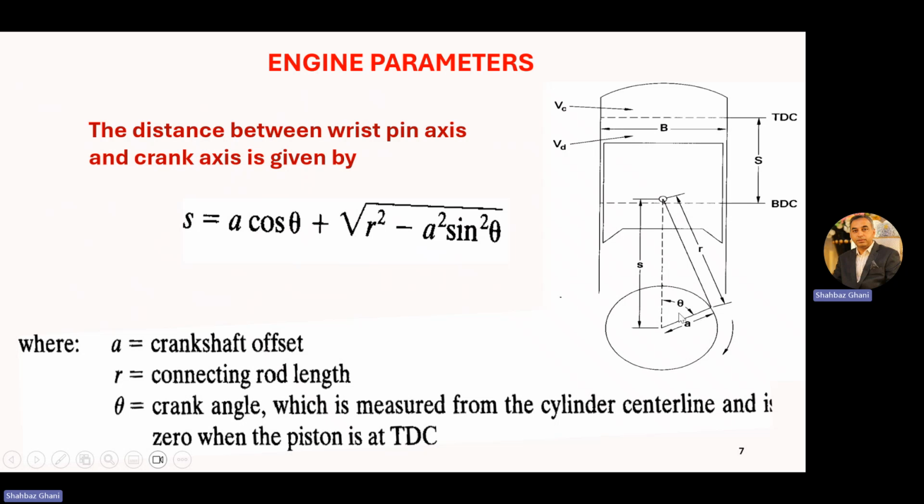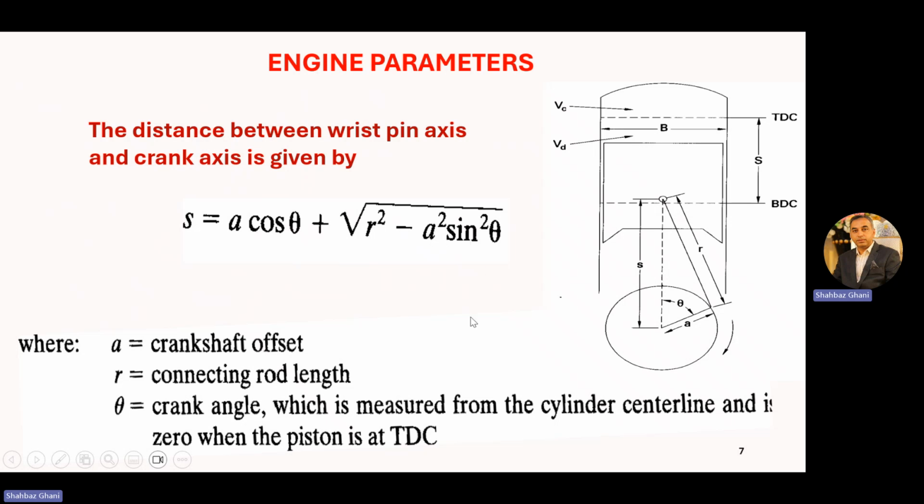When the piston is at this position, at TDC, your theta is zero, so we measure in this direction. S is equal to the crank offset a times cos theta plus the square root of R, the connecting rod length, squared, minus a squared sine squared theta.